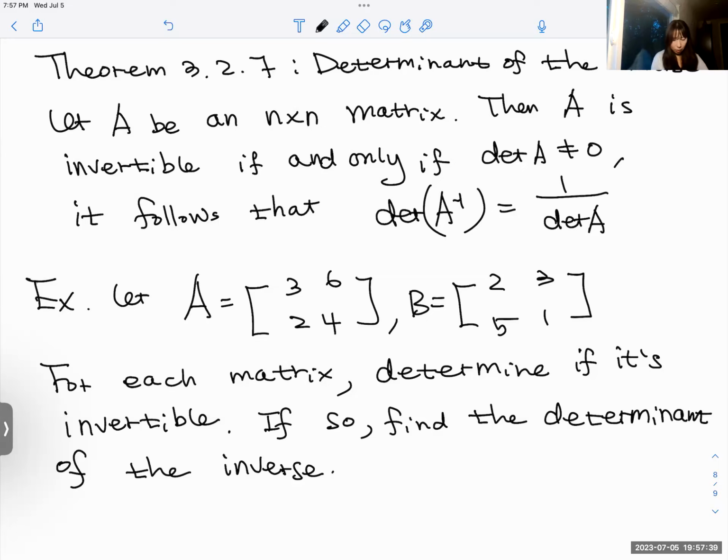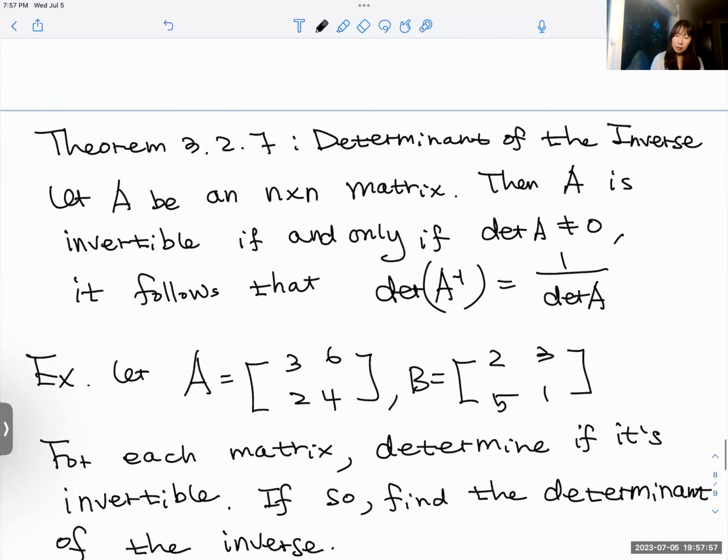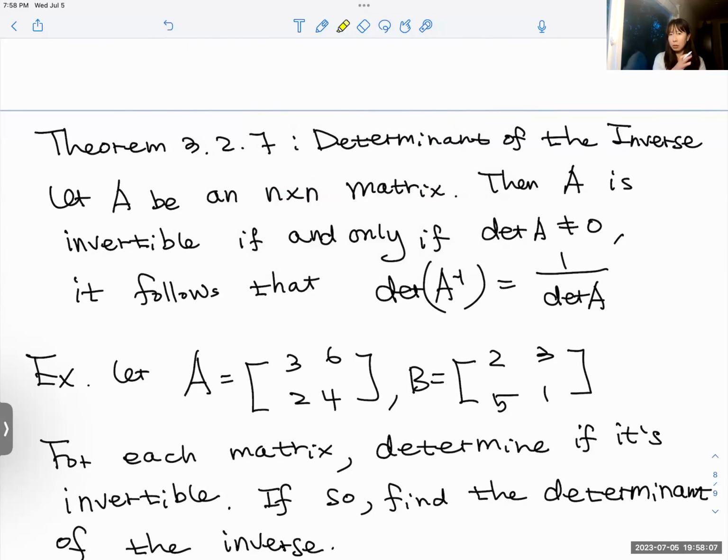Okay, so let's check that. Determinant of A. So we check whether that is invertible. So we must find whether the determinant of A is not equal to 0, right? So I introduced it before, right? I did not say determinant, I said AD minus BC, right? So that's not equal to 0.